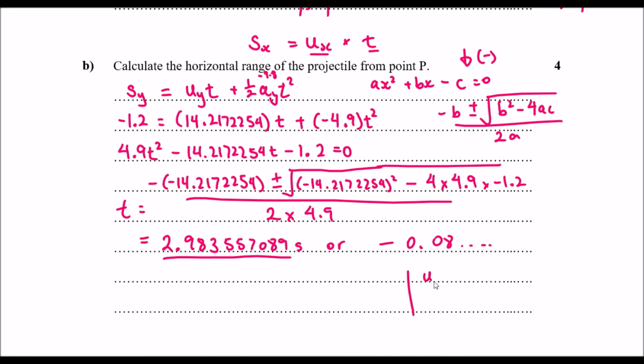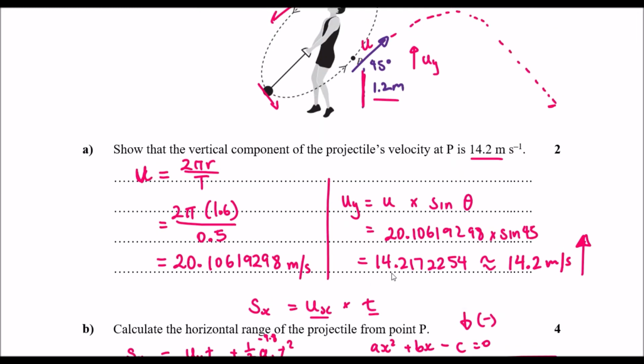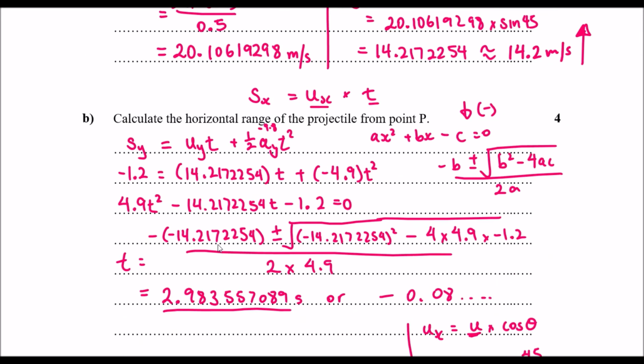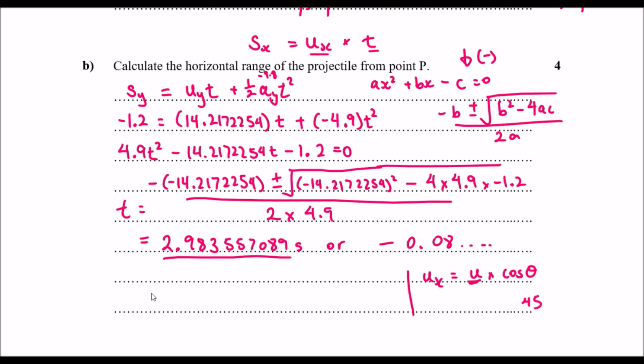The horizontal velocity is u multiplied by cos theta. Theta, remember, is 45. And then you could write the entirety of the number of 20.1 and so on. But let's just use the whole value of 2 pi 1.6, because it's just easier to write, no other reason.